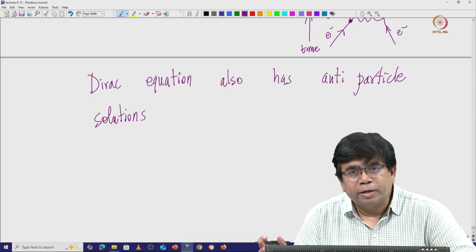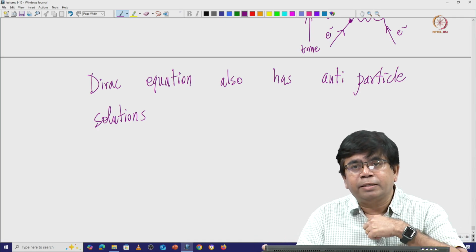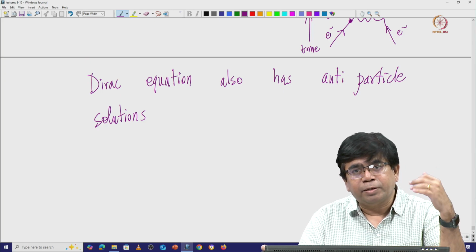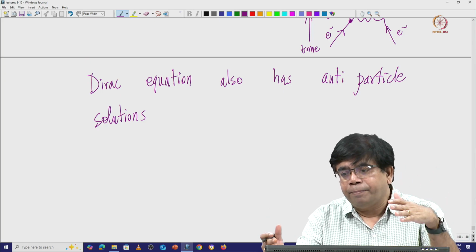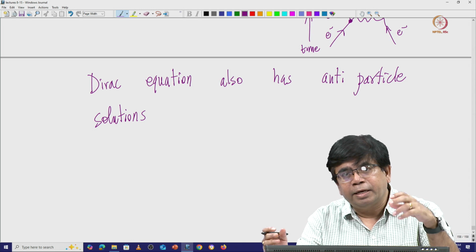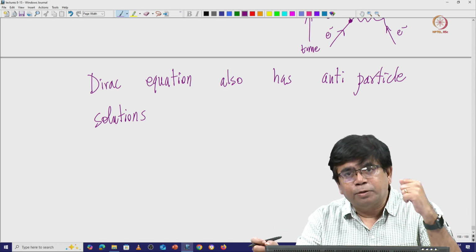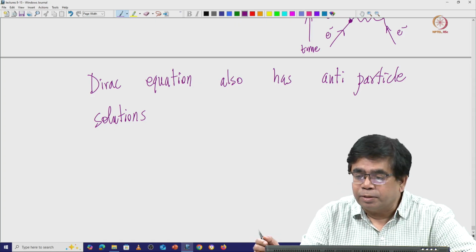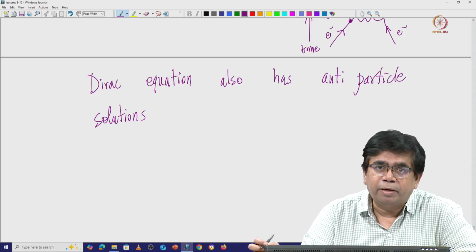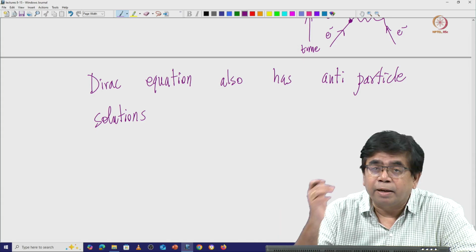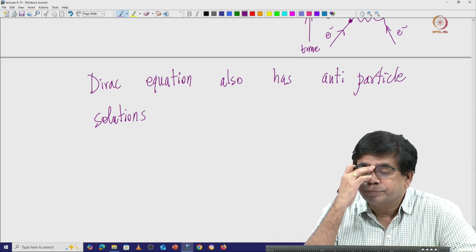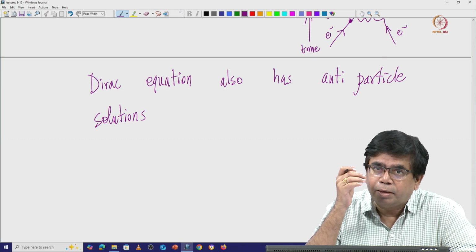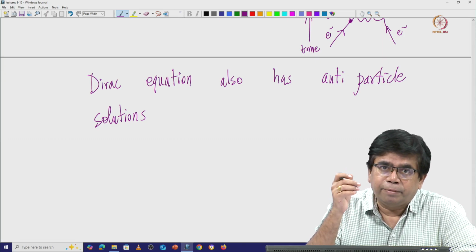We also had something called Zitterbewegung, rapidly varying currents around the potential, which generates particle-antiparticle solutions and so on. So these problems, do they exist also in Dirac theory?